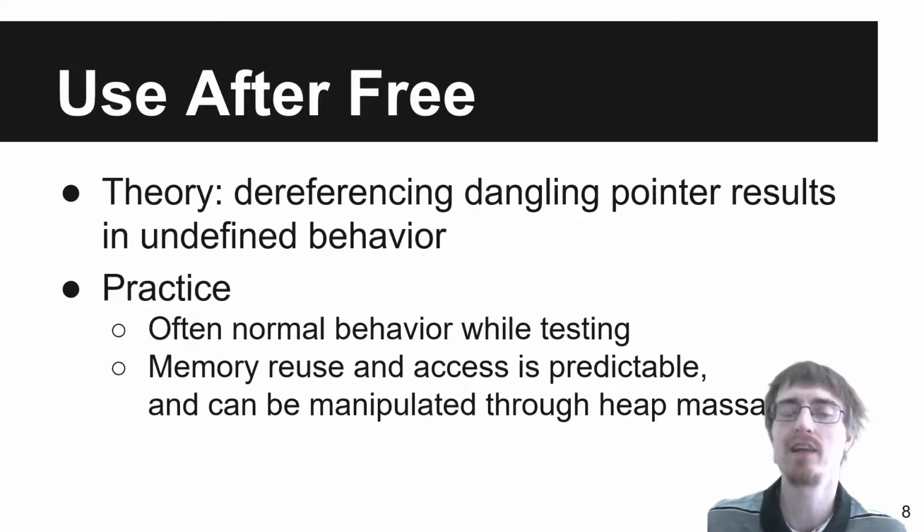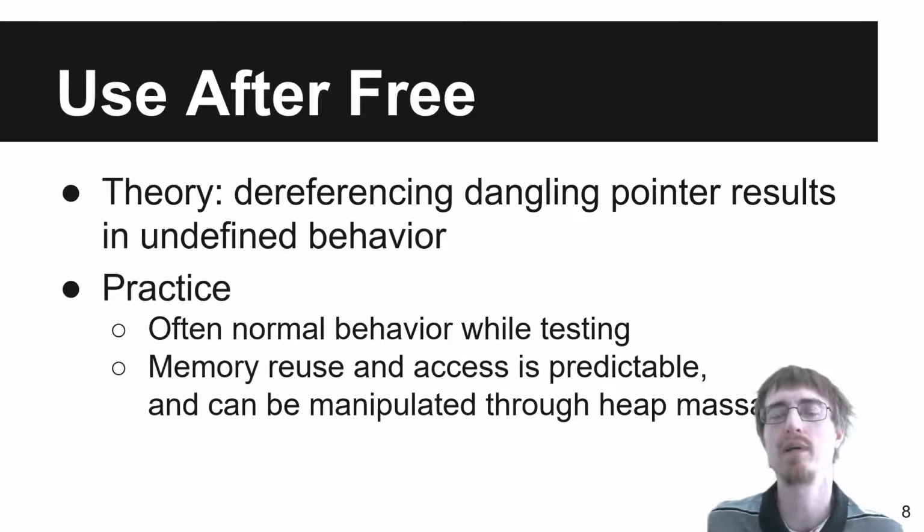Moreover, it is very likely that they behave normally in most circumstances. In fact, if in normal circumstances they behaved unexpectedly, you would expect them to be found in testing. So the remaining use after free vulnerabilities in a production program are likely those that do not expose any weird behavior in normal circumstances, just as a buffer overflow has no impact until you actually put in more data than expected. However, typically, memory reuse patterns and memory access are predictable.